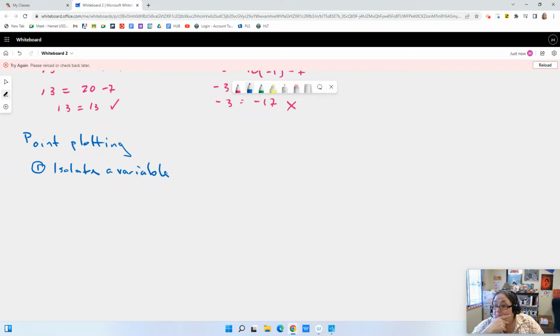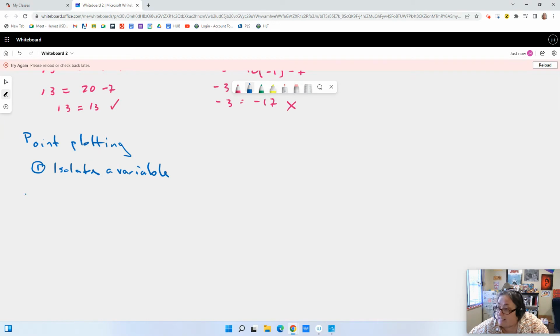When you're isolating a variable, it means it's going to be the only thing left on one side of the equal sign. So if I'm isolating an x as my variable, the only thing on that side of the equal sign is going to be the x, and everything else is going to say x equals, and it'll have all that mess behind it. But the x is all by itself. So that's what isolating a variable means. It means get it by itself.